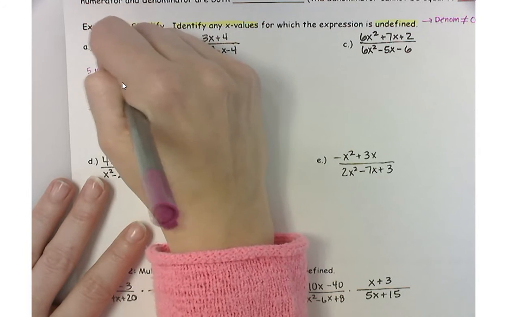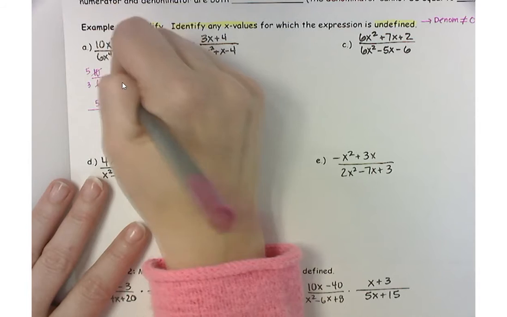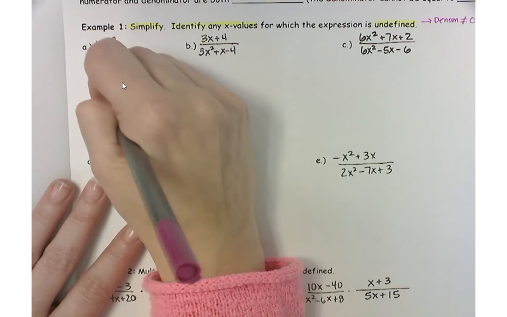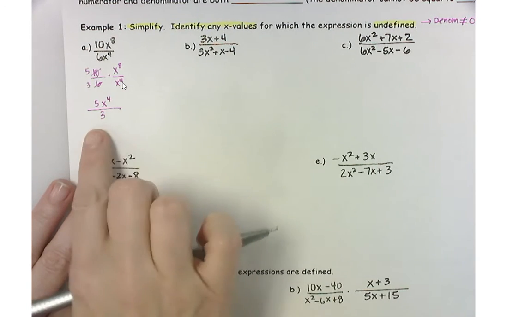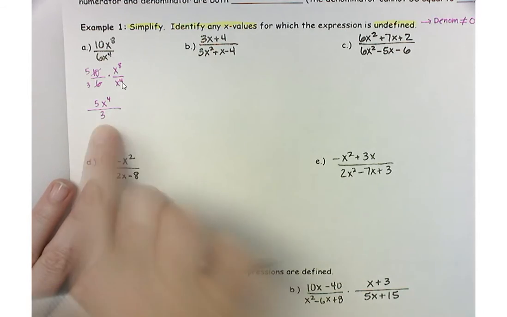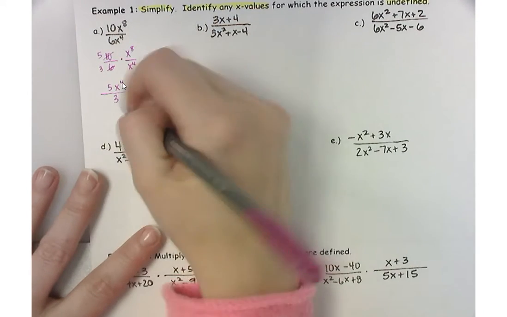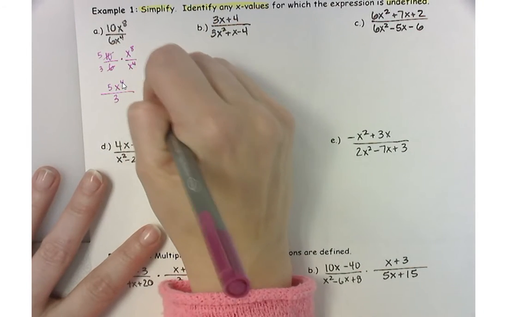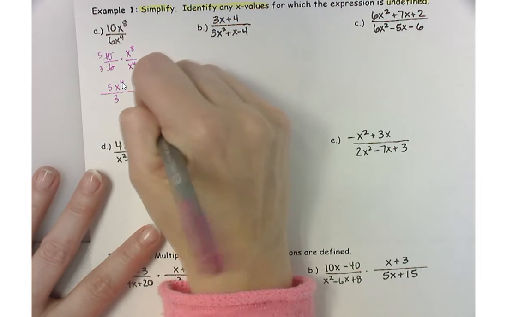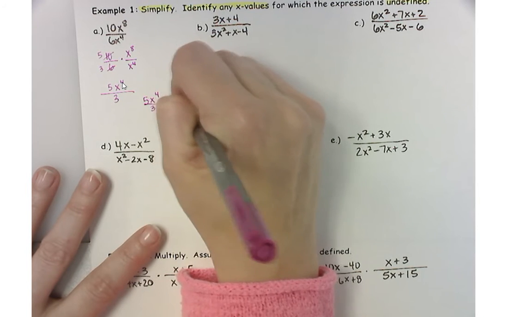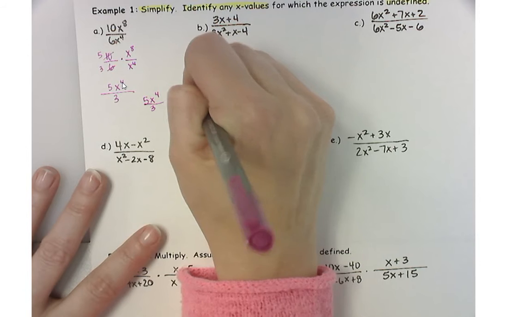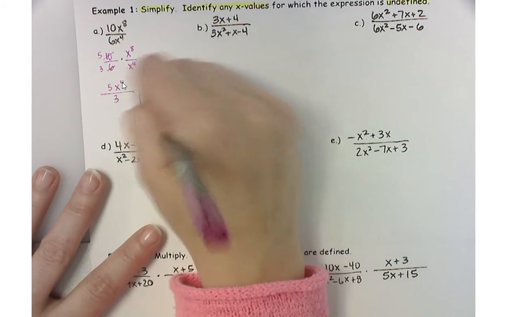So 8 minus 4 is going to be 4. Because it is a positive 4, this goes on the top. You can write your answer in a couple different ways. You can either write it as 5x to the 4th divided by 3, or you can write it as 5 over 3, and then the x to the 4th would go in the middle on the side.